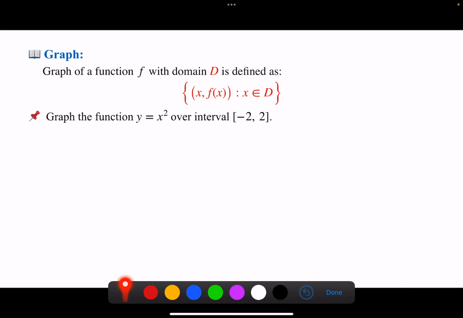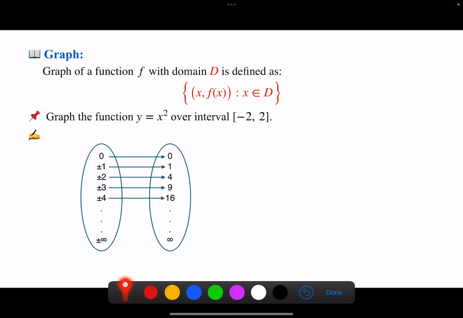Let's see an example. The graph of the function y equal to x square over the interval minus 2, 2, which means the domain of this function is minus 2, 2. To draw the graph, take some discrete values of x: 0, plus minus 1, plus minus 2, plus minus 3, plus minus 4. We find the corresponding values of y. For x equal to 0, the value is 0.